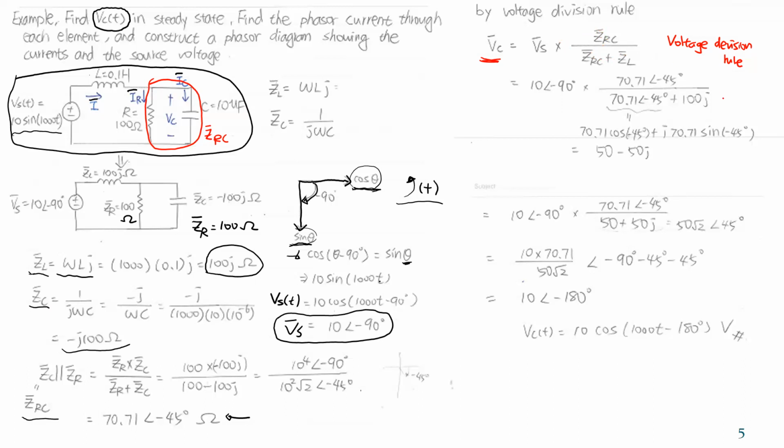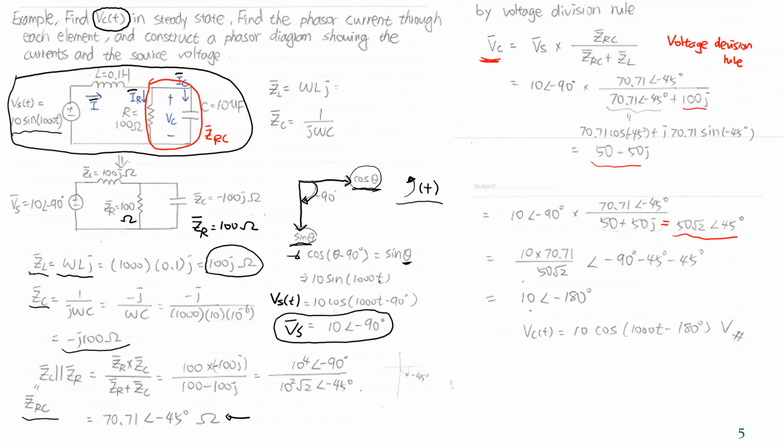For the summation of impedances, the sum of two complex numbers, we need to convert to rectangular form. Then to do the multiplication and division, we need to convert them back to polar form.